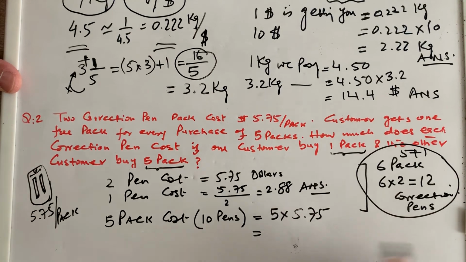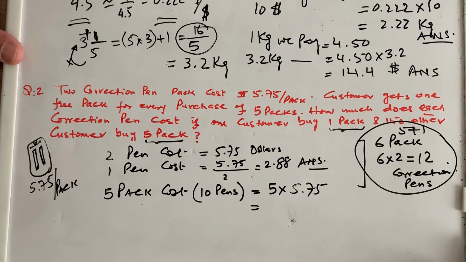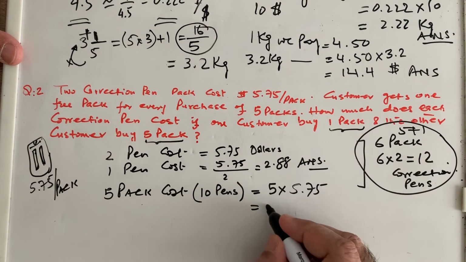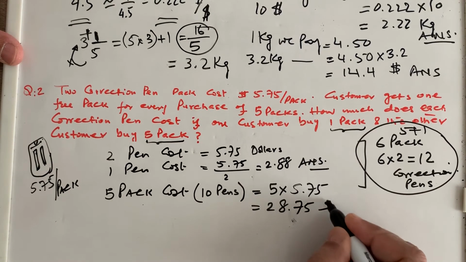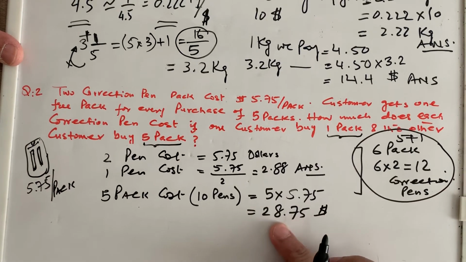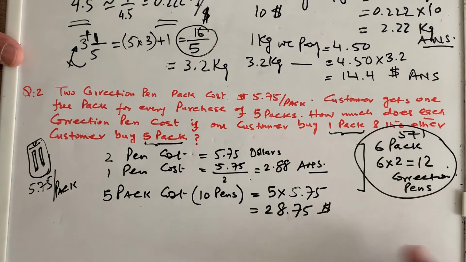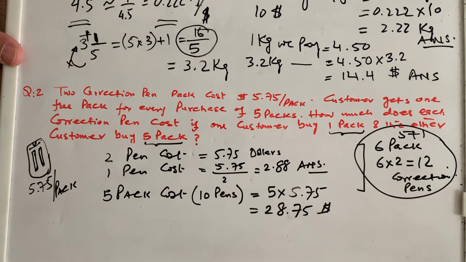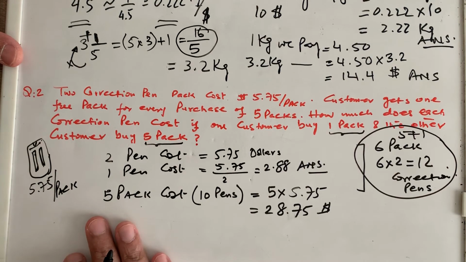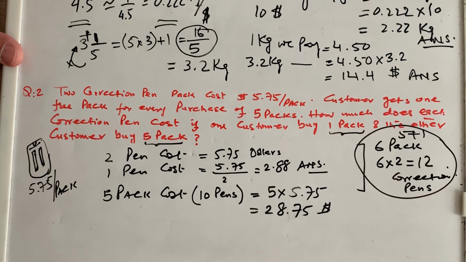So you multiply that to get the cost of 5 packs. When you multiply, you will get 5 5s are 25. So $28.75. This is the cost he is paying, right? But what he is receiving for this dollar value is 12 correction pens. So he is paying $28.75. This is the cost of the 5 packs, but he is receiving 12 pens in it.